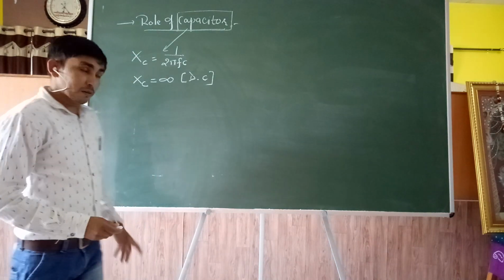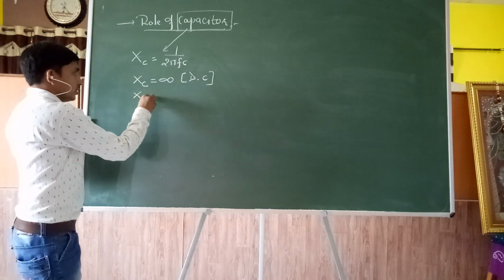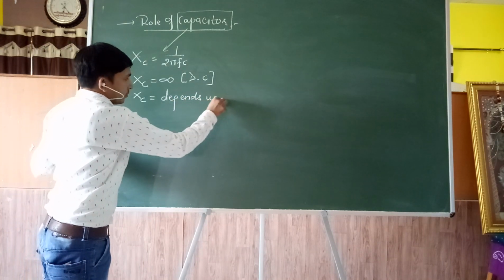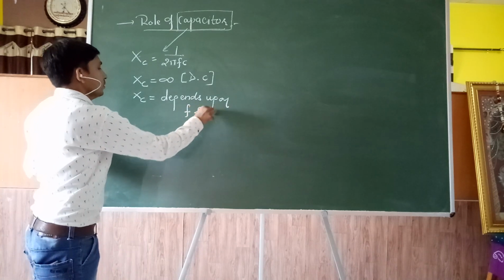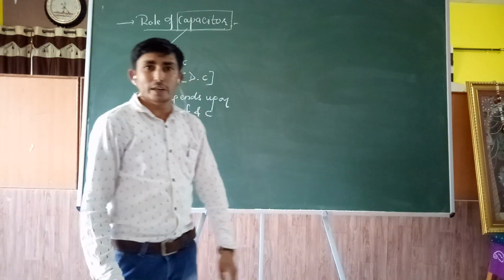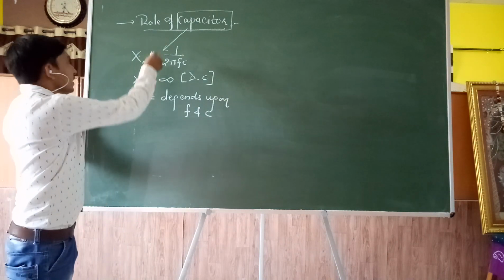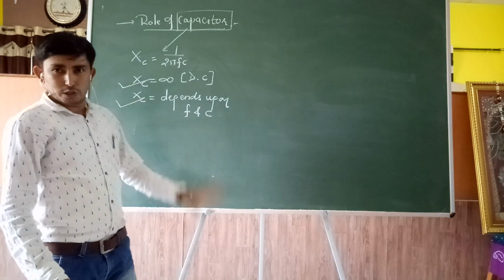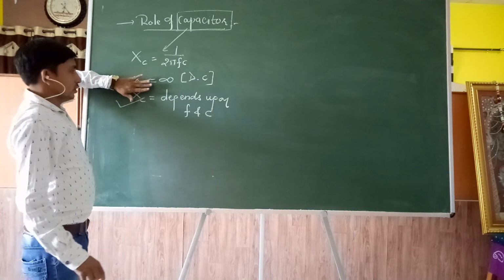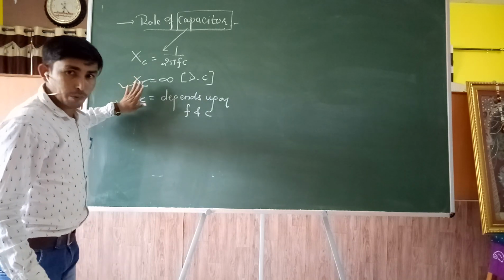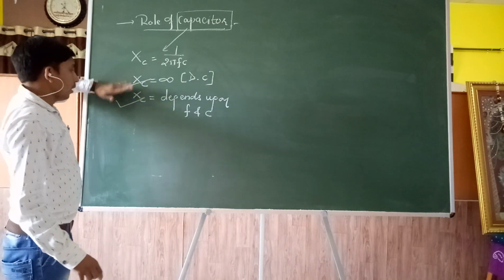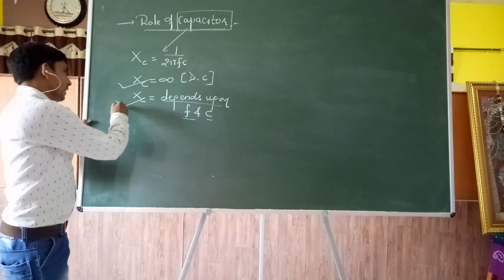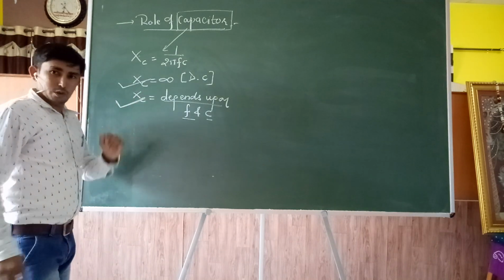But for AC, this Xc depends on the value of F and C. So we can say that the capacitor will block DC and allow AC to pass through it, because it offers infinite reactance to DC, so it will not allow DC to pass through. It offers a low reactance to AC, so it will allow AC to pass through it.